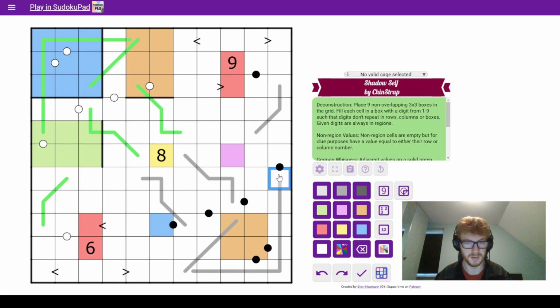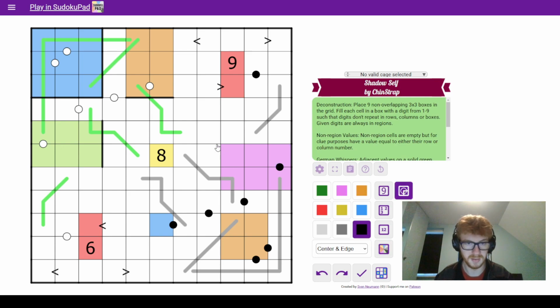So this is not a 7 or an 11. Both don't work, because this cannot be 3.5 or 6.5. This has to be an even number. Or 7 and then 14, but that doesn't work either. So this cannot be out of a region. This has to be in a region, and the only region that can reach it is purple, basically. Okay, so that is something.